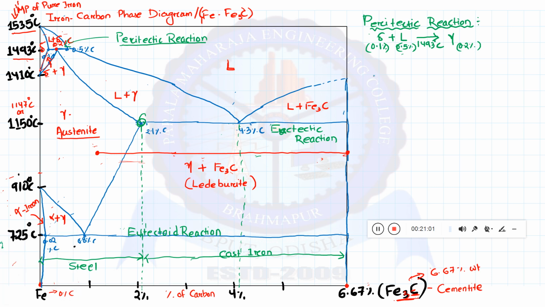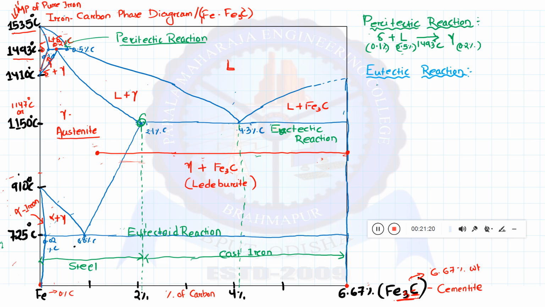The next reaction is the eutectic reaction. So, what is happening in the eutectic reaction?